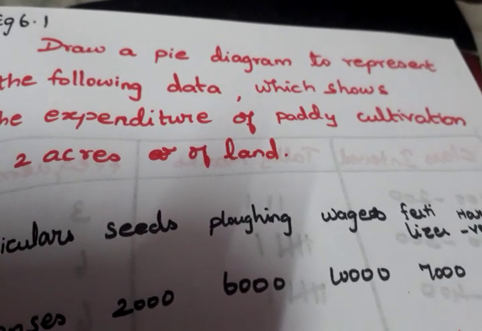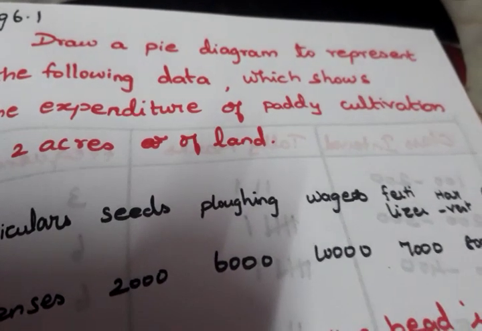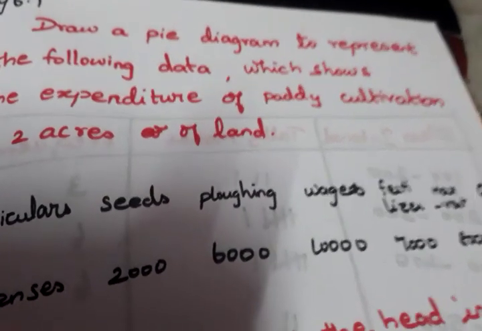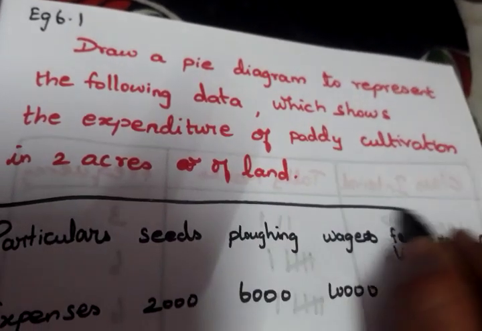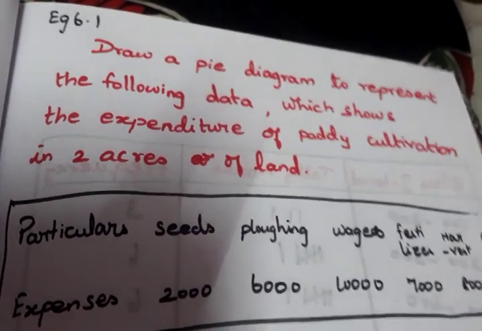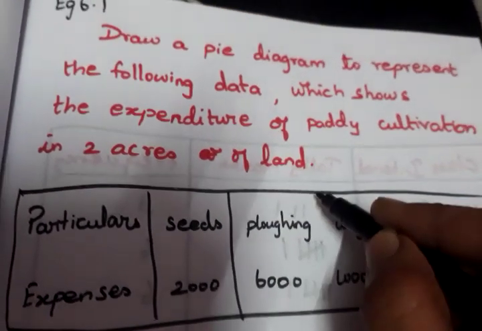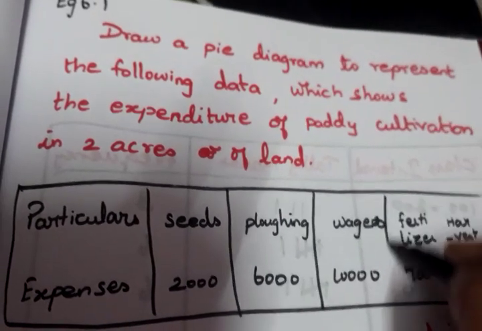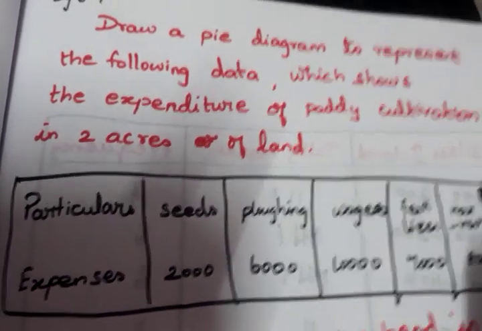Draw a pie diagram to represent the following data, which shows the expenditure on paddy cultivation per acre of land. Given the table, the particulars are seeds, plowing, wages, fertilizer, harvest and others.